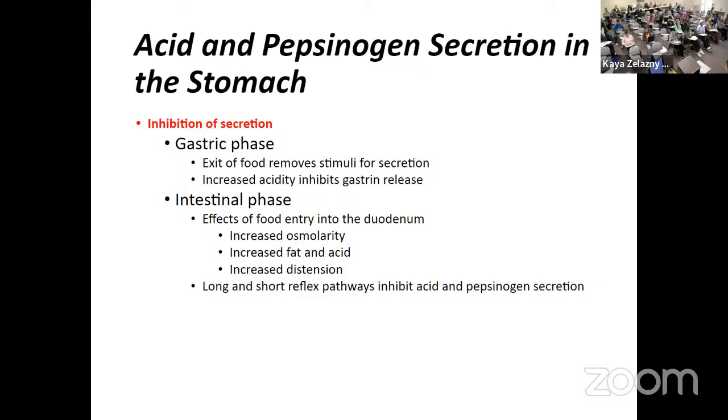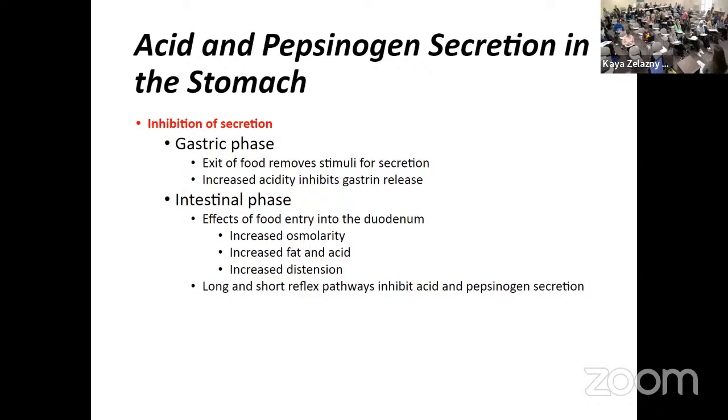Now, it's also the case that our food, as it's leaving the stomach, is moving into your small intestine, into the duodenum. So we are also going to be able to notice that food moving into the duodenum. As that food moves in, it's going to be increasing the osmolarity of the contents of the duodenum.